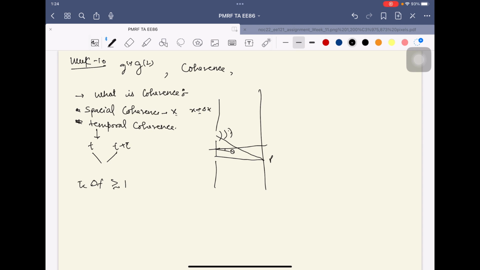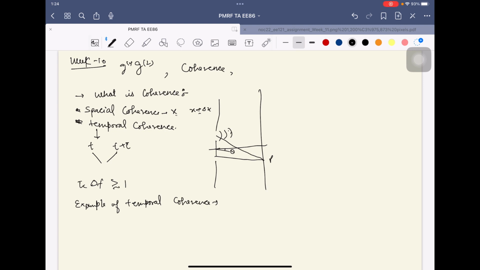Some other examples of temporal coherence: a wave containing only a single frequency is perfectly correlated with itself at all time delays, in accordance with the above relation.